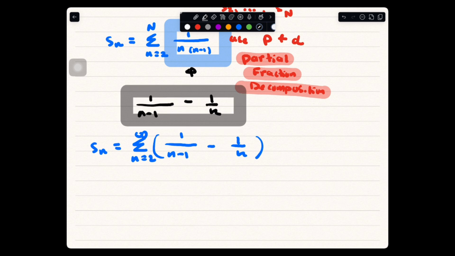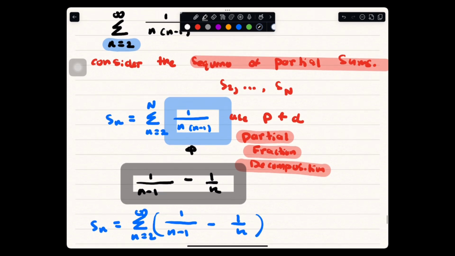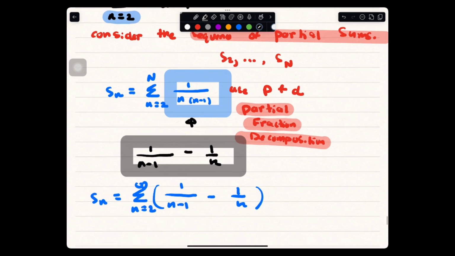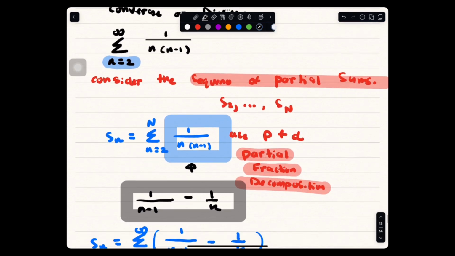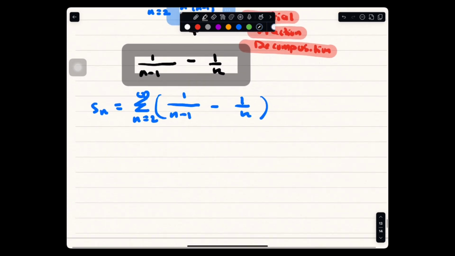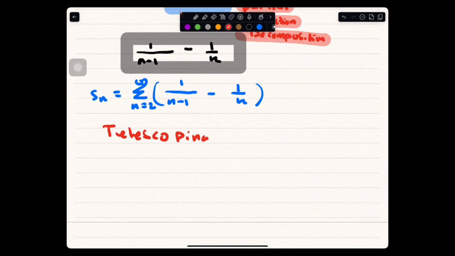Now, what this is going to do for us is going to be very meaningful. So we start with a series. It's not geometric. It's a rational function, and we use partial fraction decomposition. This is going to be your fundamental example of what we call a telescoping series. Okay, that's the first example in any book on telescoping series.